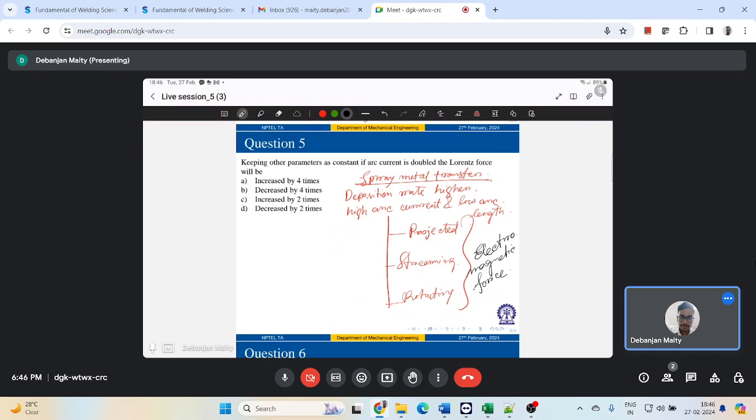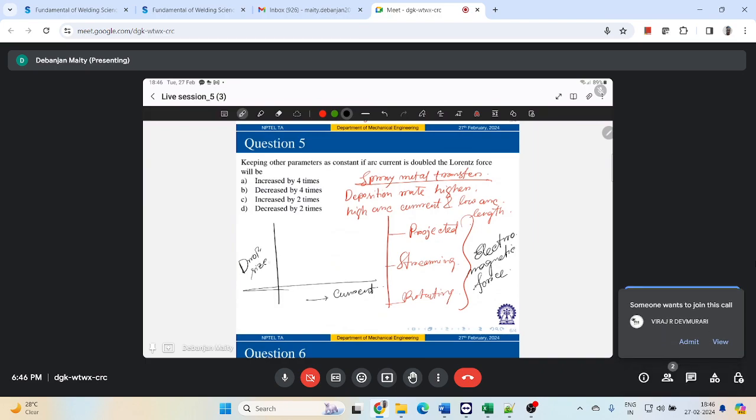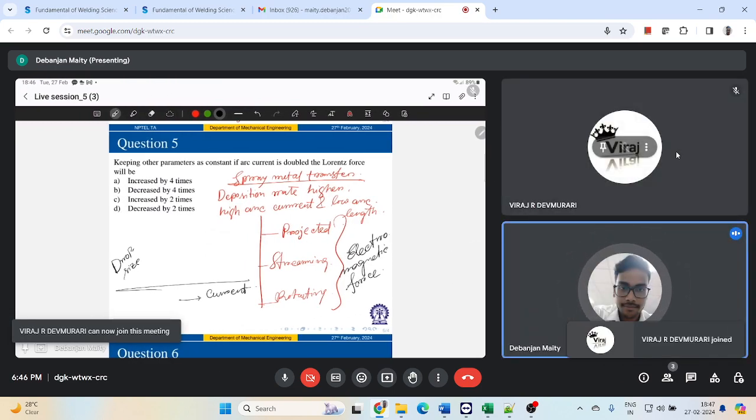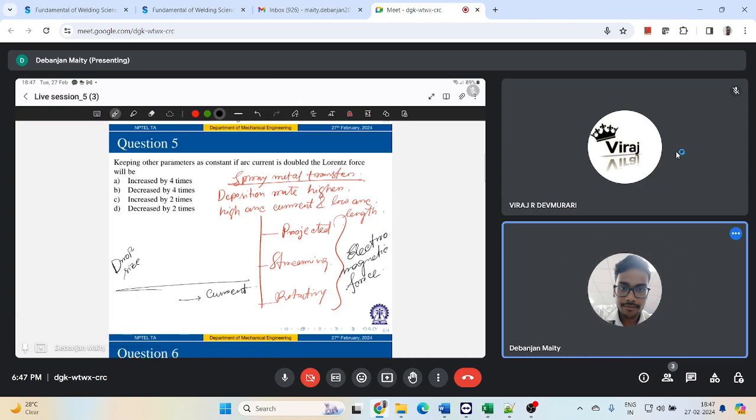So if we see the droplet size with current value, there will be some transition current, after which this will form into your projected spray kind of thing, and before which it will be globular.